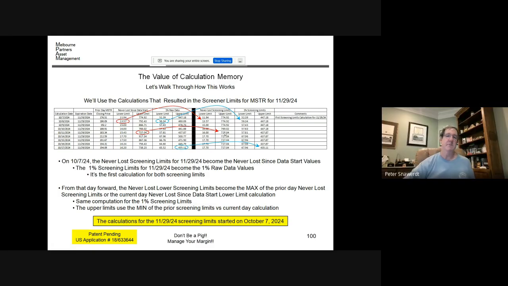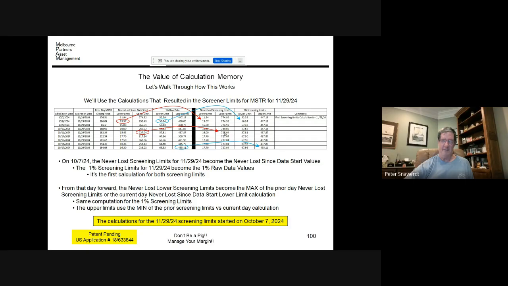So 250 times 5 is 1,250, which means the odds of never lost failing on any given day is 1 divided by 1,250. That's what my odds of losing are. Something like SPX, we've got data going back to the beginning of January 1962.